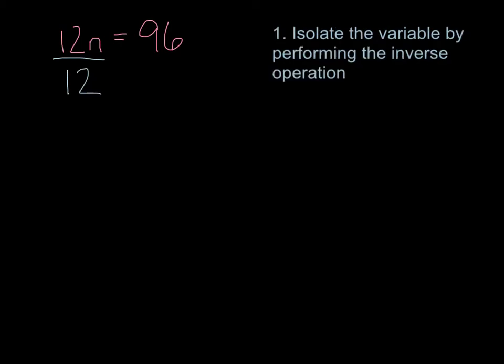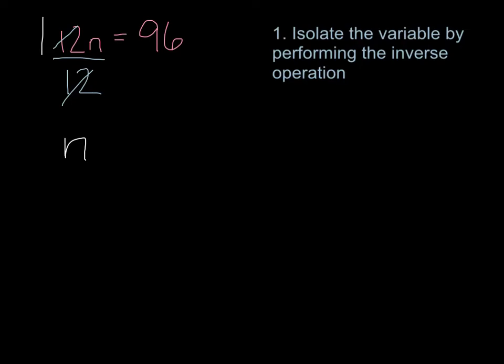We do this because now I have a 12 multiplied by 12 divided by 12, and 12 divided by 12 is really just 1. And 1 times n is just n. So I got rid of my 12 times n by dividing by 12.